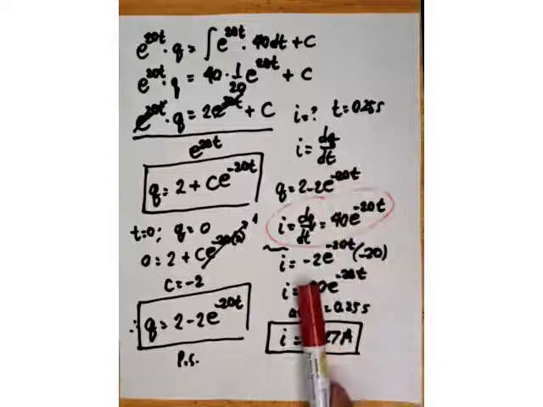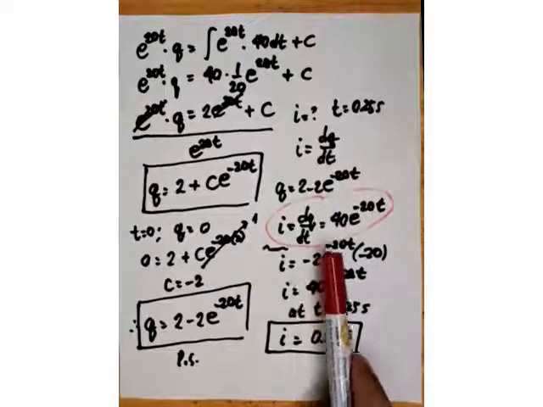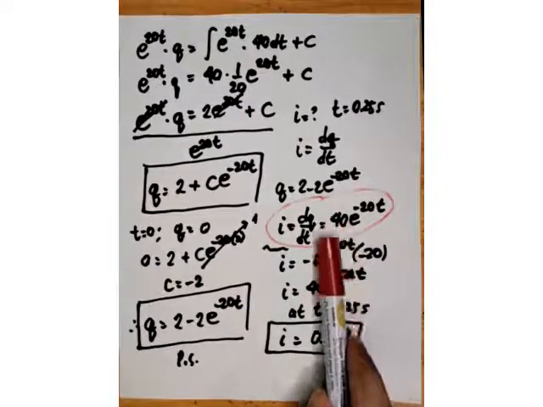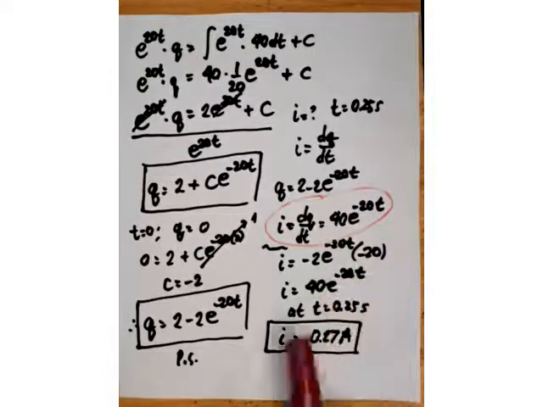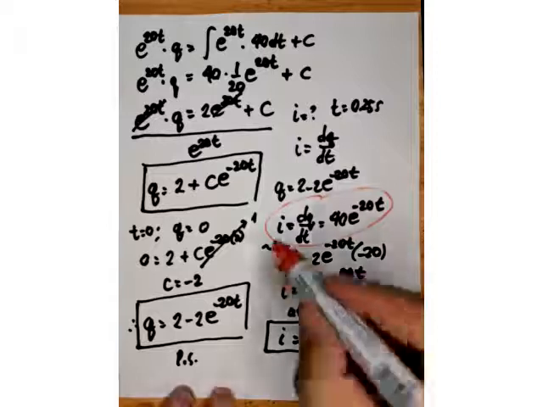So, derivative nito will be -2 e raised to negative 20t and derivative nito is negative 20. Kaya siya naging positive 40. Okay? Get the first derivative of the charge. Sinortcut ko lang siya dito.